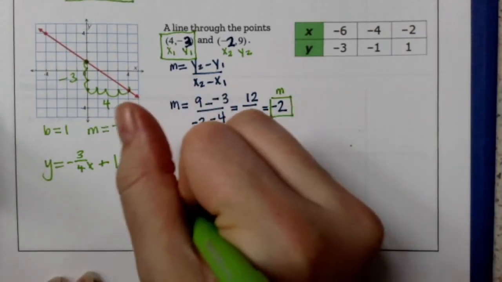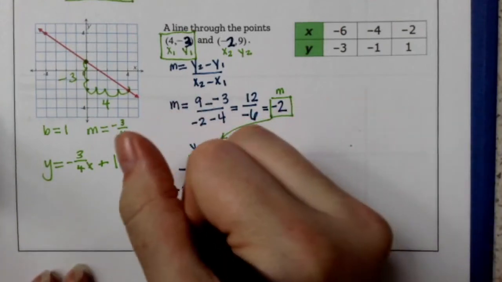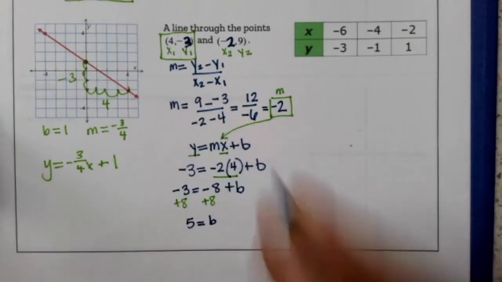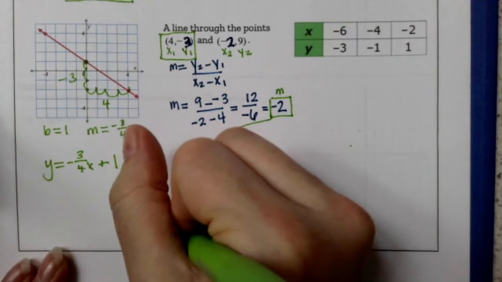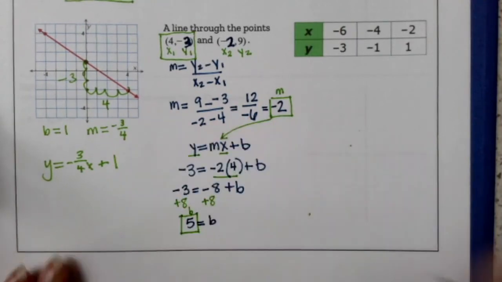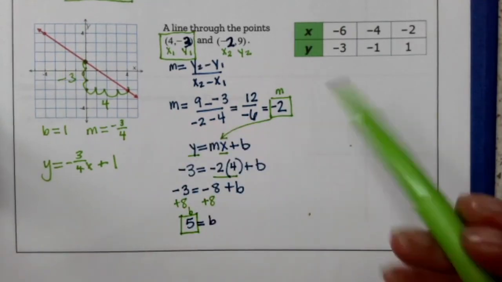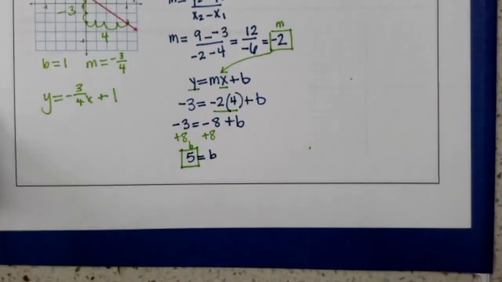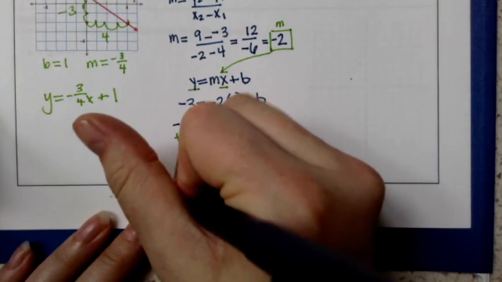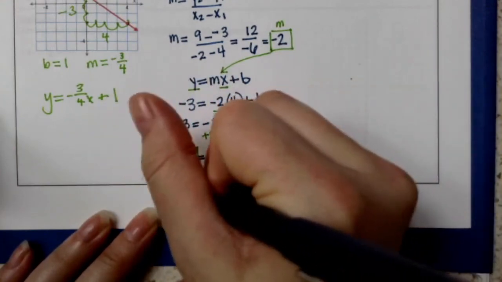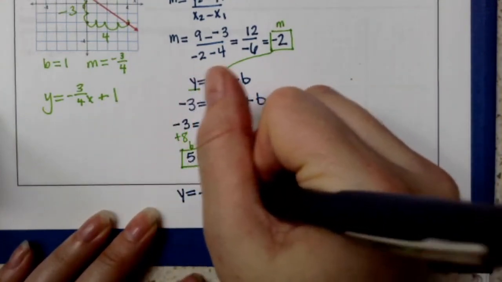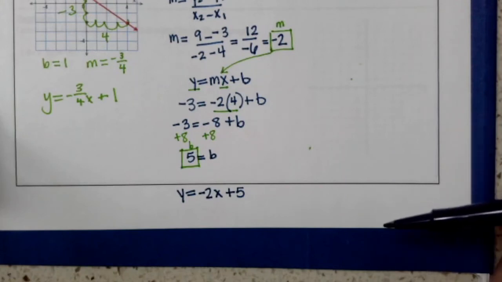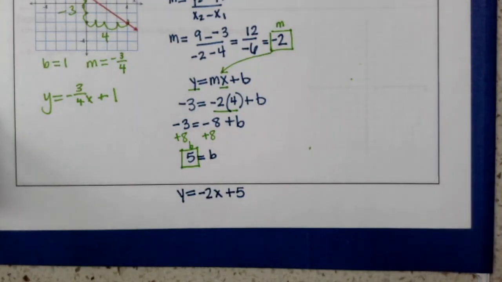Add 8 to both sides to get my answer. So I have my m, I have my b, and that's all I need to write my equation. Beautiful.